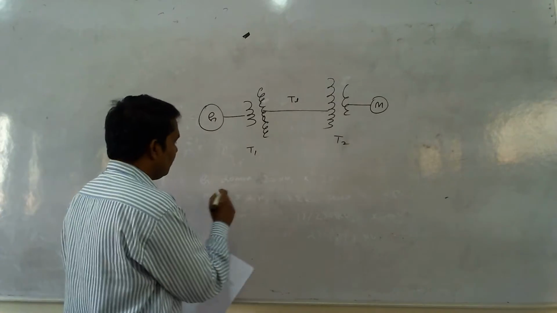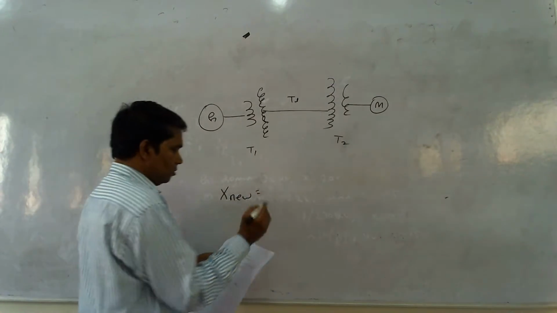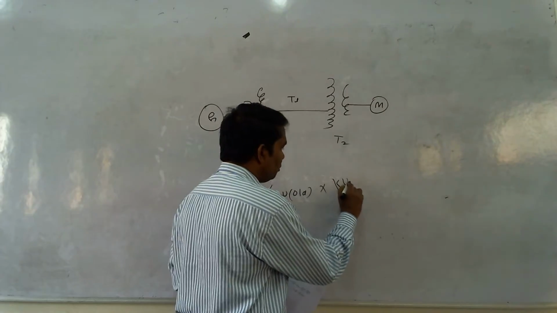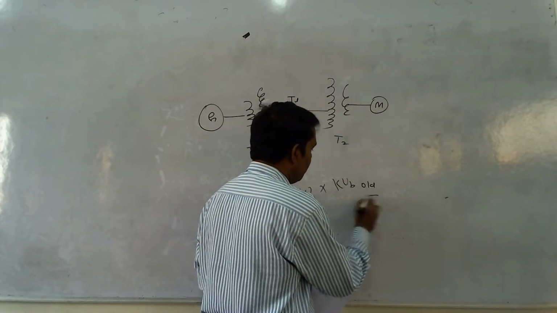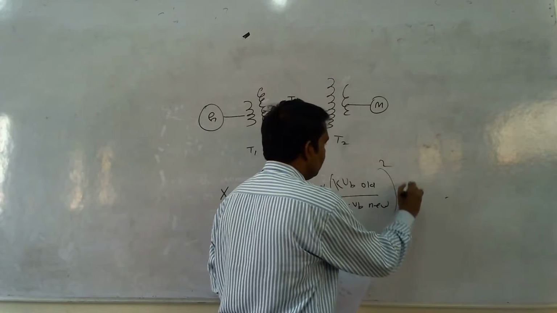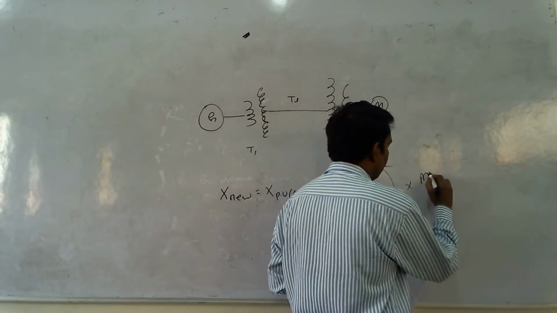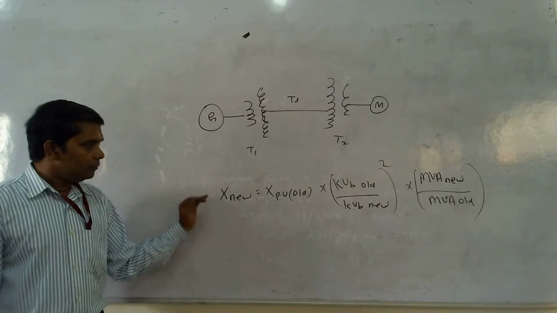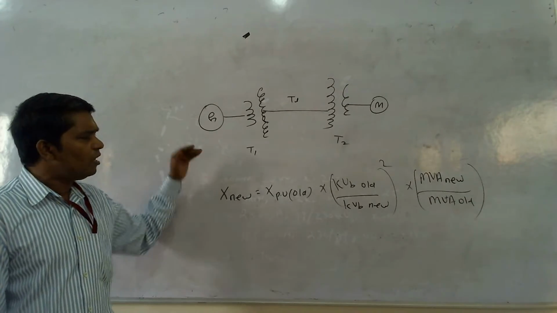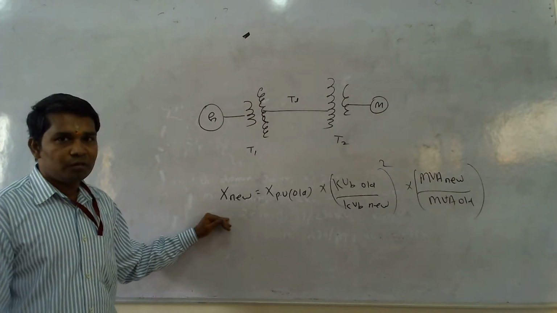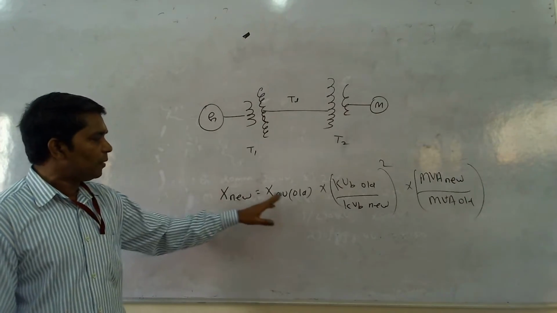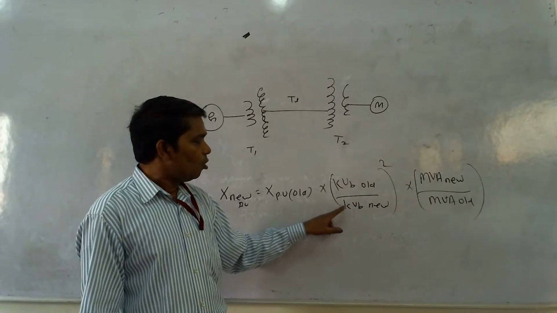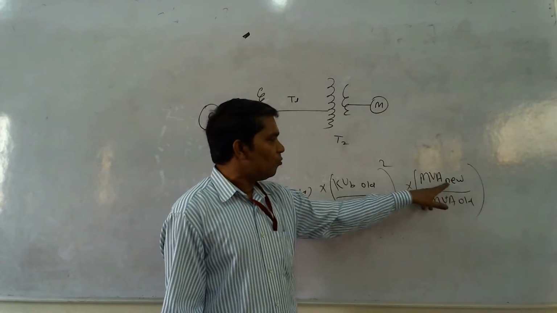The formula is: reactance new equals reactance in per unit old value, multiplied by kilovolt base old value divided by kilovolt base new value, the whole squared, multiplied by megavolt ampere new value divided by megavolt ampere old value.